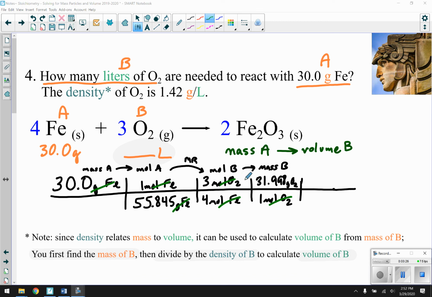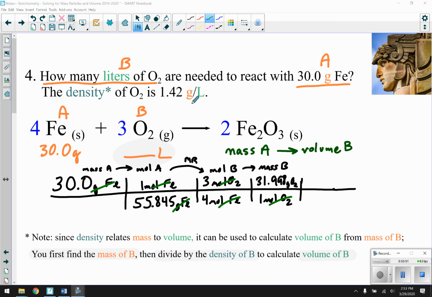If we stopped right there and did the math, this would be how many grams of oxygen we would make, but we don't want grams. So let's see how our density, which is given in the problem for oxygen, 1.42 grams per liter, is going to work. We want grams to cancel, and we want to be left over with volume.